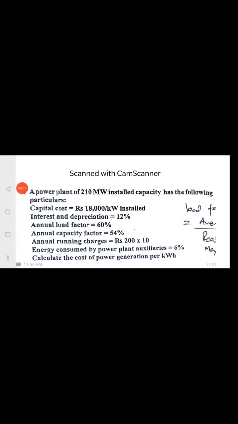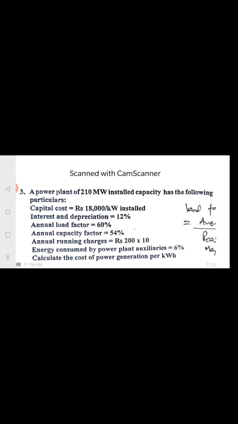Hello students, now we shall look at the third numerical in this module 2 of the energy and environment subject. A power plant of 210 megawatt installed capacity has the following particulars. Capital cost is rupees 18,000 per kilowatt installed. Interest and depreciation is 12%.